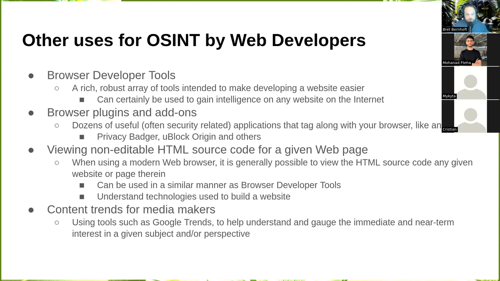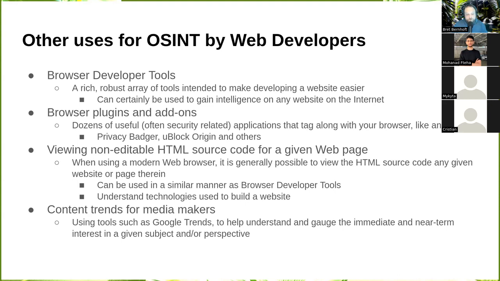Browser plugins and add-ons. Plugins, I believe, for Chrome, and add-ons for Firefox. There are dozens of useful, often security-related applications, such as Privacy Badger, uBlock Origin, and many, many others. Those are useful for OPSEC, operational security.